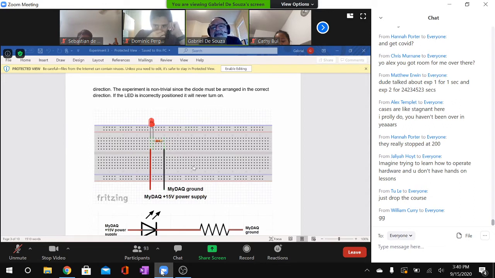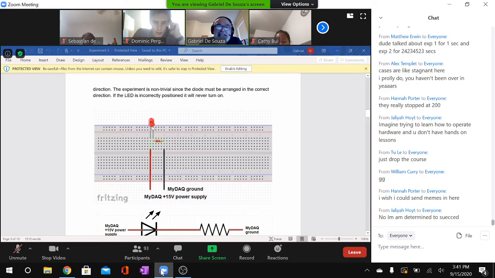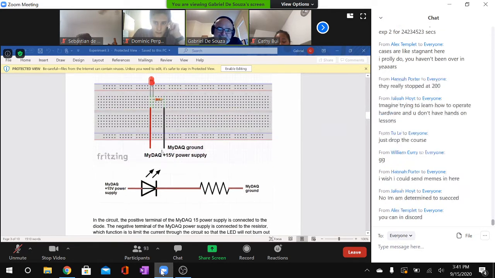This is a very important thing because that function allows you to change a signal from AC to DC, which is in every power supply that you have. The cool thing about the diode is that it emits light when current flows through, so you would be able to see that here. You have another diode, but it's not an LED. Therefore, you will not be able to see the light, but you can perform the experiment.